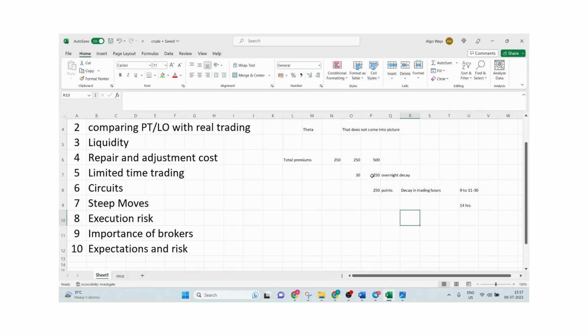And out of this we are only participating in the market for 7 hours. So how much roughly, because the major part of the decay may happen in the evening? So let me take it around 150 points.